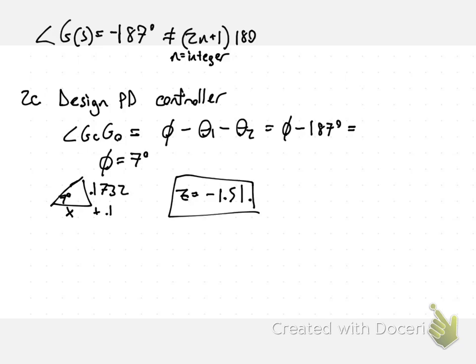And in doing so, we can now visualize our system. We could plug it into MATLAB, where we now have an added z, so that our new open loop system, and we can just do GcGo to remind ourselves that we have an open loop version, is going to be s plus 1.51 over our original system.